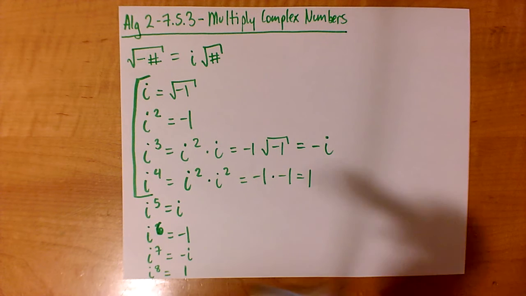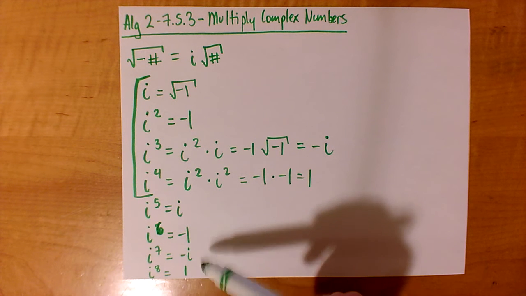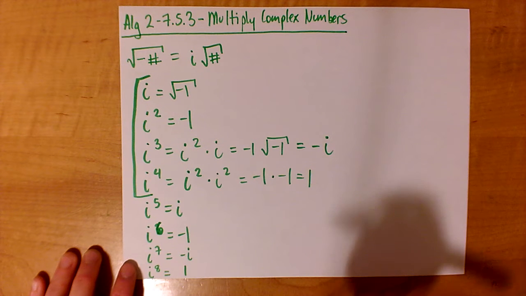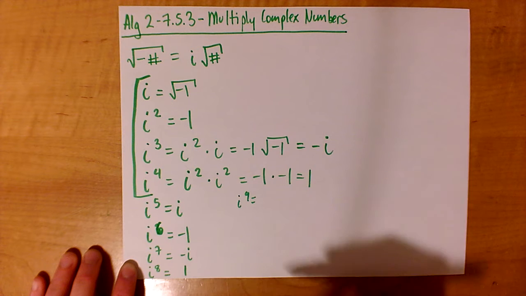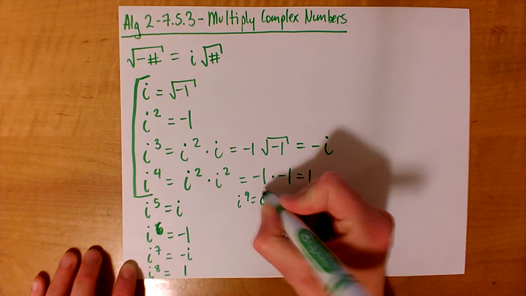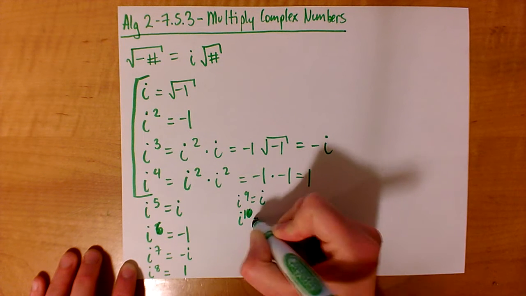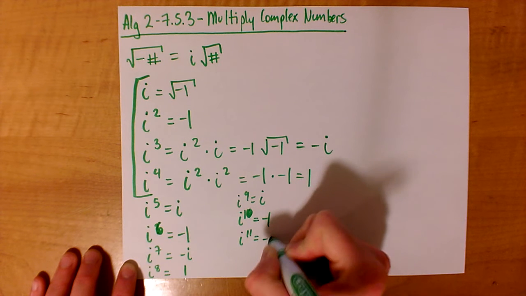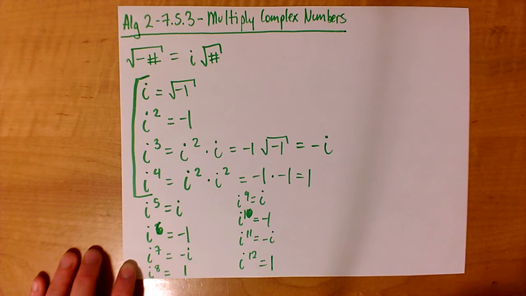And so you have this pattern of i, -1, -i, 1 that repeats itself every 4 exponents, or every 4 powers. And then I could start over: i to the 9th goes back to the top of this order, i to the 10th is going to be -1, i to the 11th is -i, and then i to the 12th is 1 again.